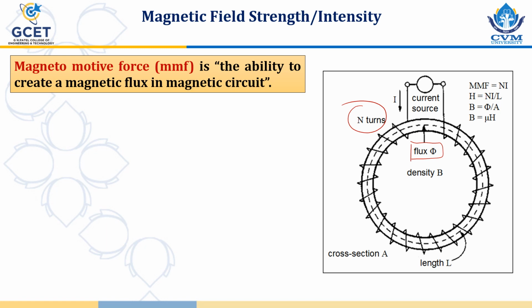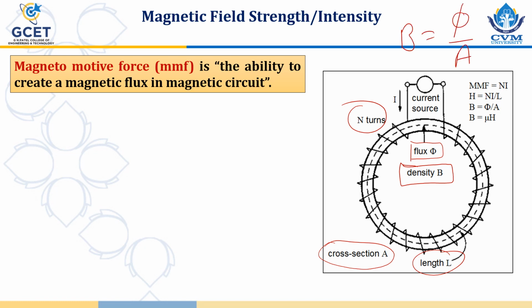Now this magnetic core has a cross-sectional area A meter square, for example, and the mean length is L meter. So using these physical dimensions, we can calculate flux per area, that is flux phi divided by area of this ring core. And if we calculate flux per area, it is nothing but magnetic flux density B. So B is given by flux divided by area.